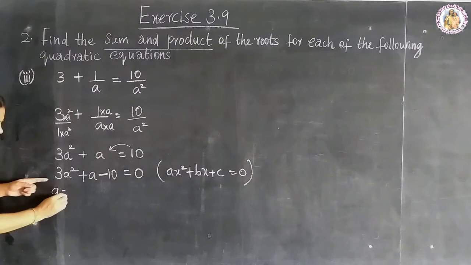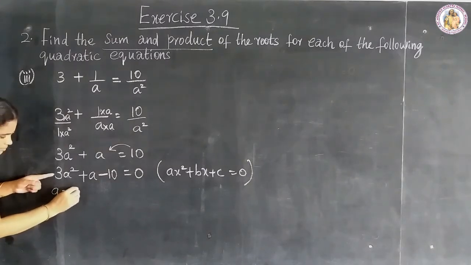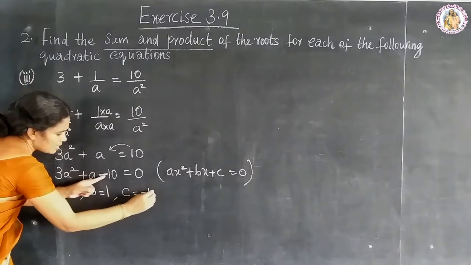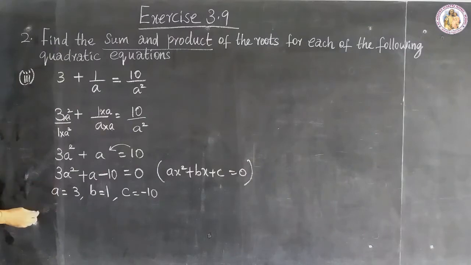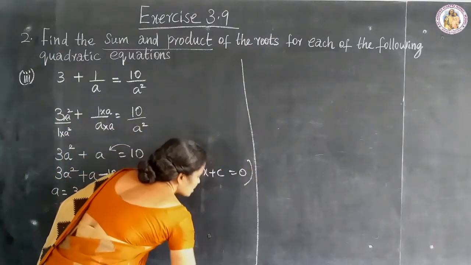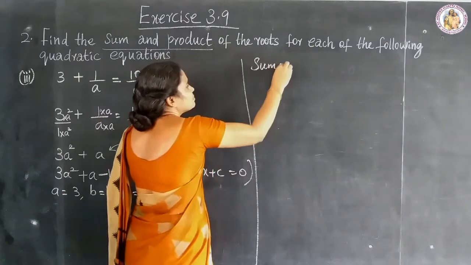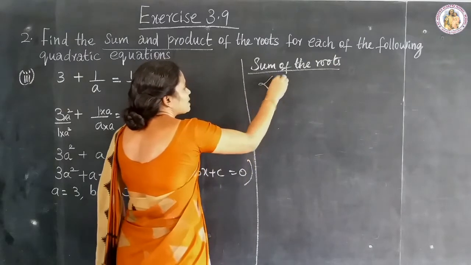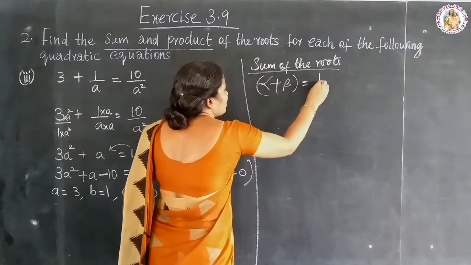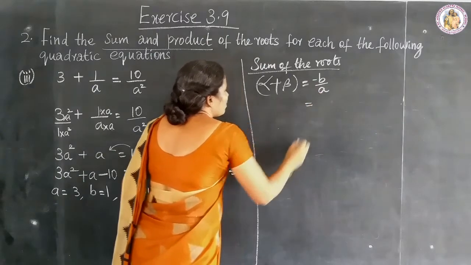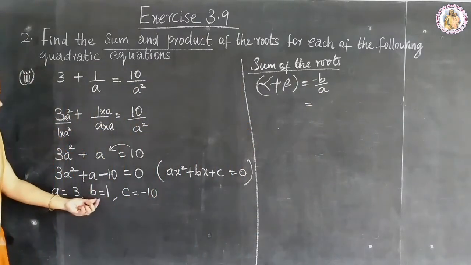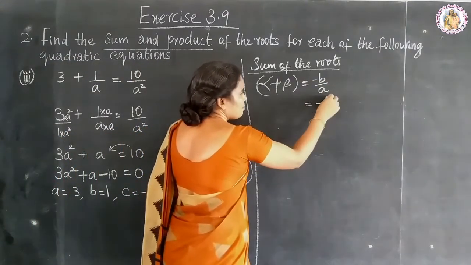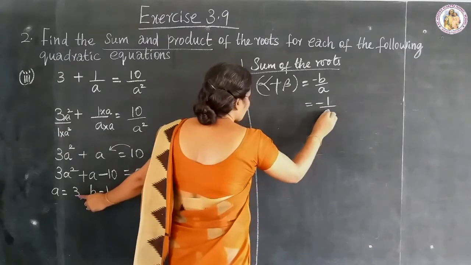Now a is equal to 3, b is equal to 1 and c is equal to minus 10. Sum of the roots, alpha plus beta, is equal to minus b by a. Here b is equal to 1 and a is equal to 3. So it is minus 1 by 3.